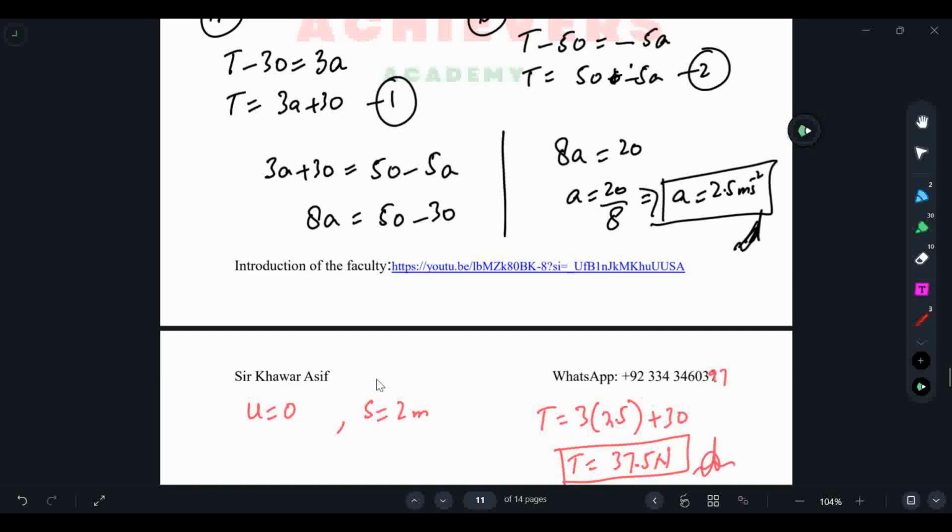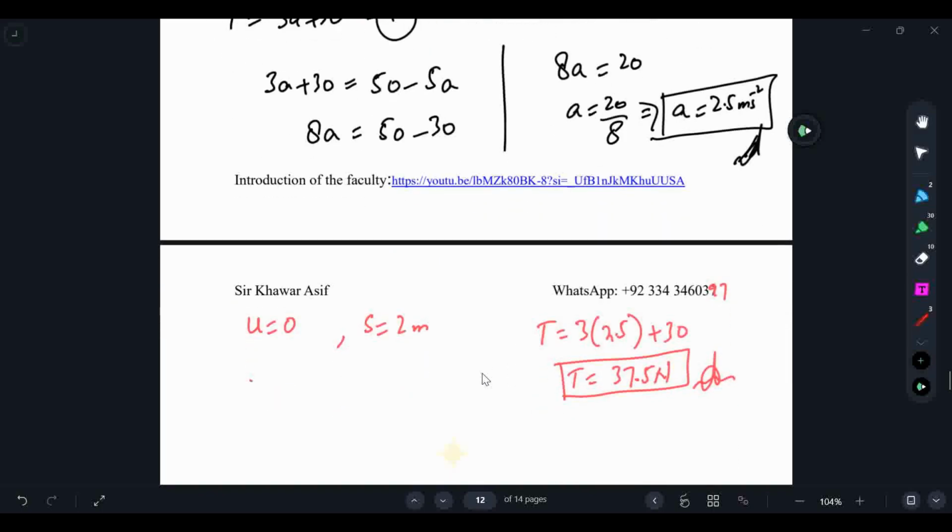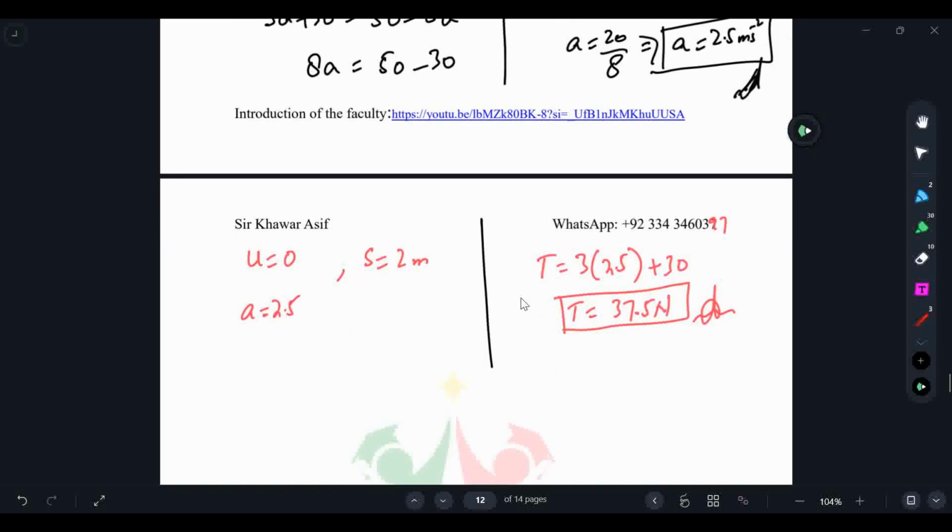Now let's find out the time. We know the acceleration is 2.5, and we don't know the value of t. We can use the equation of motion: S is equal to ut plus half at squared.